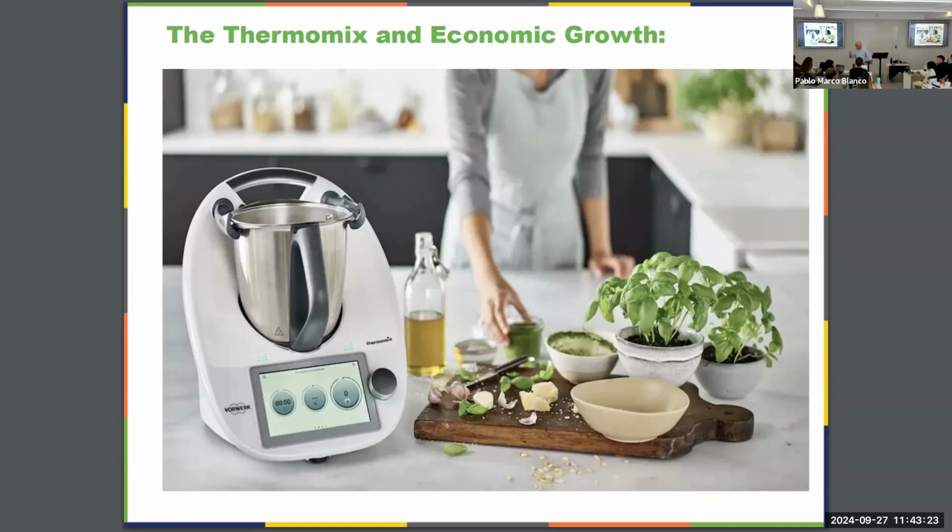And the last thing, you remember how the previous Thermomix was compared to this one? Exactly. You needed to have a book. It was more complicated with the book, and it was not so nice and electronic like this one.